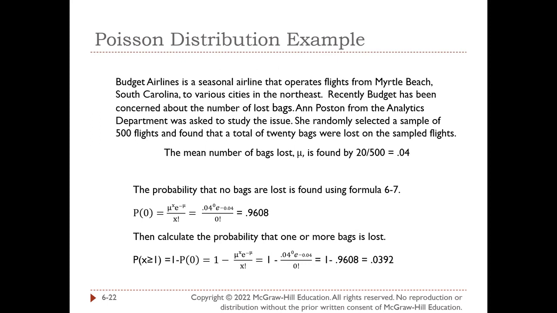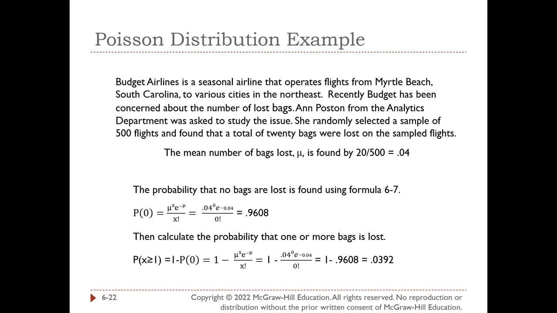So, example. Budget Airlines is a seasonal airline that operates flights from Myrtle Beach, South Carolina to various cities in the Northeast. Recently, Budget has been concerned about the number of lost bags. Ann Poston from the analytics department was asked to study the issue.